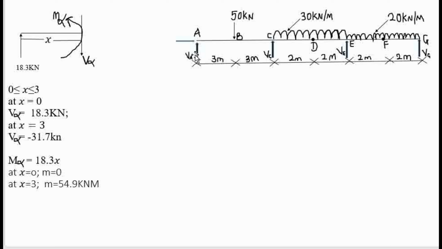So if this force VA goes up till it gets to this point where you have 50 kilonewton, the magnitude of 50 kilonewton is above that of 18.3 kilonewton. So it will push it down to minus 31.7 kilonewton. That is 18.3 going up minus 50 kilonewton coming down. That is how we got minus 31.7 kilonewton.